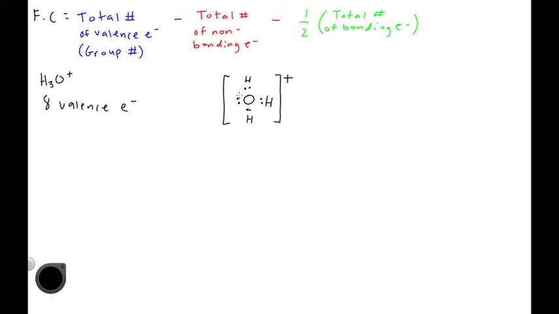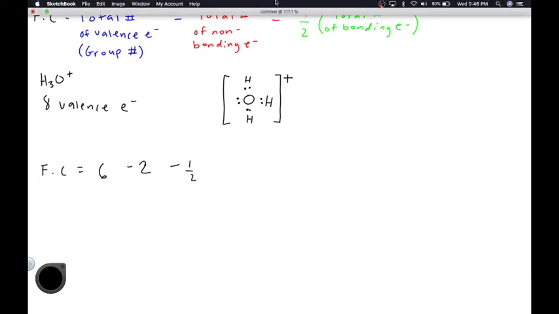our hydronium ion. So if we want to take the formal charge of oxygen, we have to first take the total number of valence electrons in a free oxygen atom, which is going to be 6, minus the total number of non-bonding electrons, which is 2, because only 2 of these electrons are non-bonded, minus 1/2 of the total number of bonding electrons.